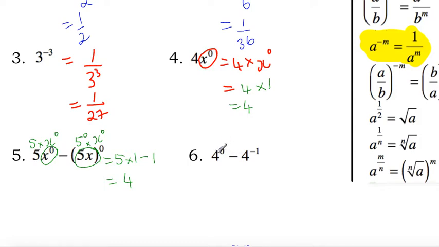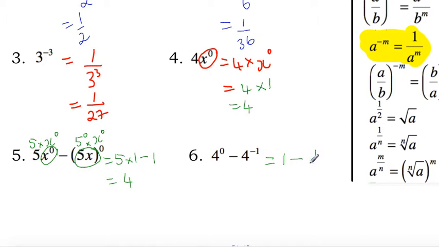Combining the two rules here, 4 to the power of 0. So it doesn't matter if it's a letter or a number to the power of 0, always 1. So 4 to the power of 0 is 1 minus. We want to work out this. This is a bit hard to do in our head if we don't have a calculator, but becomes a lot easier if we change it to a positive power.